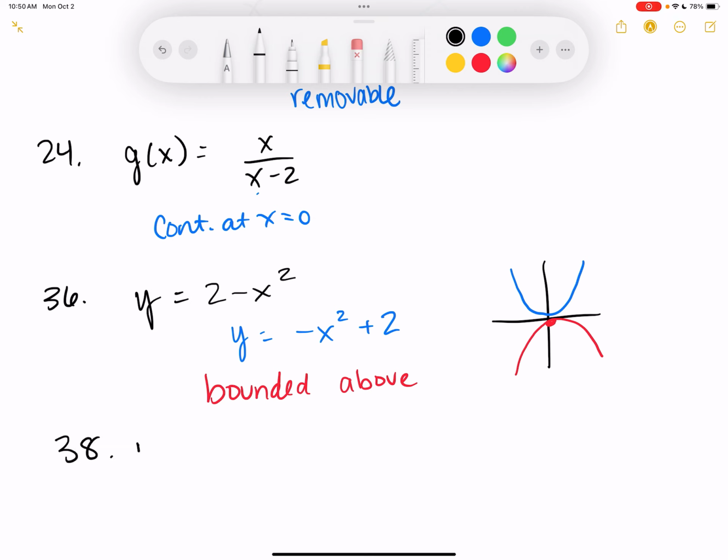So 38 is going to be one where you probably aren't going to know off the top of your head what that looks like. A parabola, we know, we're good to go. But this function, you may not know exactly what it looks like. I mean, we probably generally know what an exponential looks like, but that negative exponent is causing a reflection, and you may or may not know how that's being reflected.